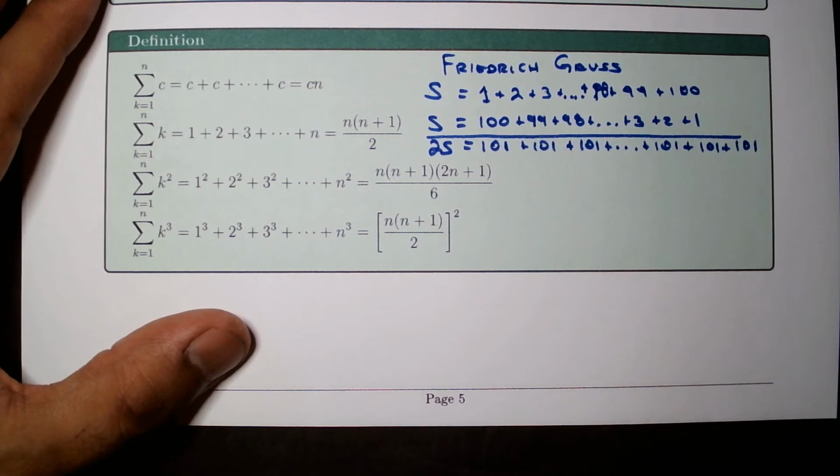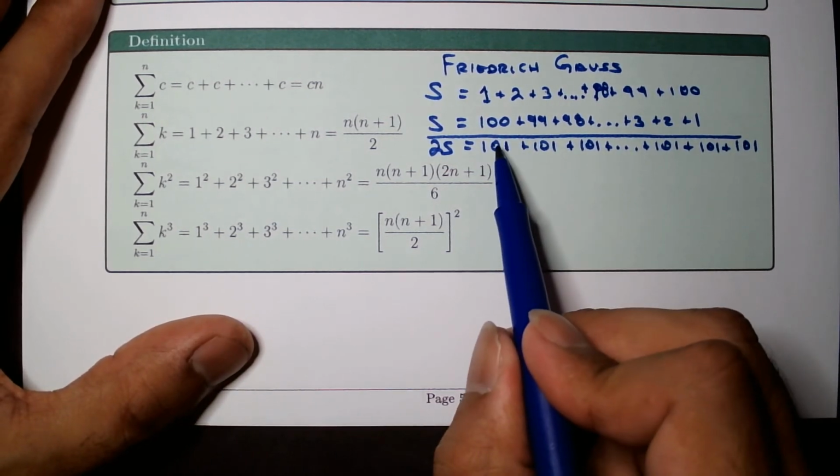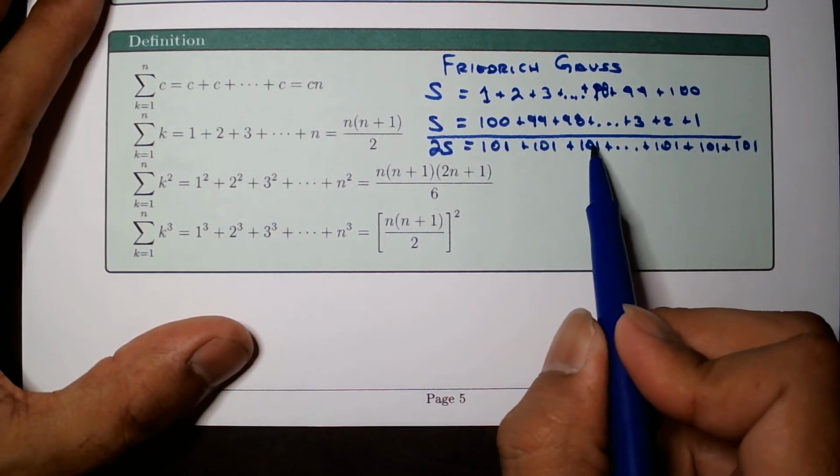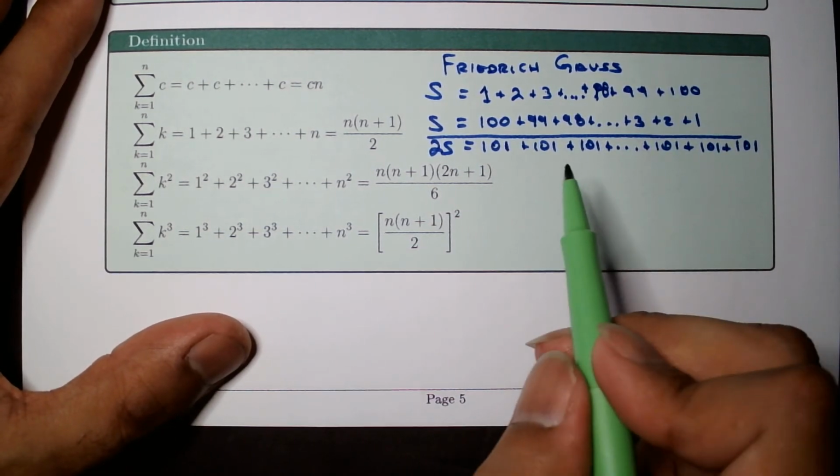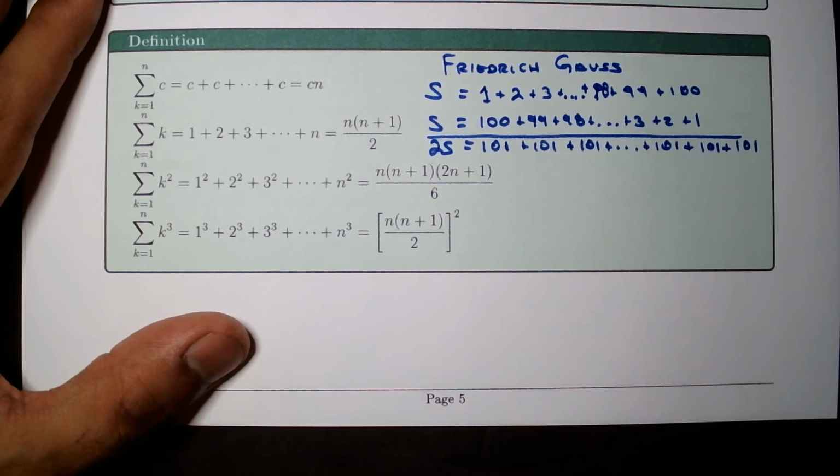Now, think of this: 101 plus 101 plus 101 plus 101. Keep in mind that multiplication is no other than repeated addition.